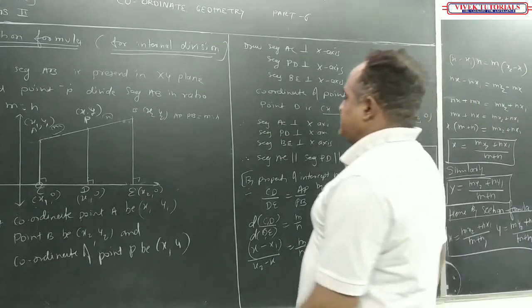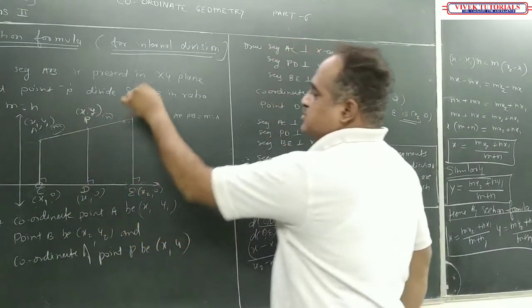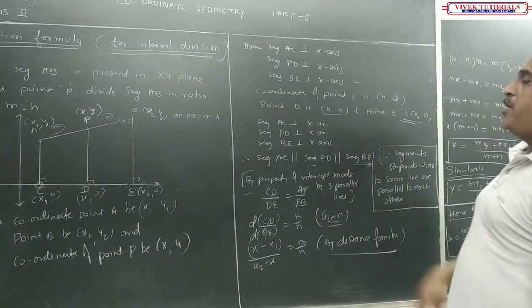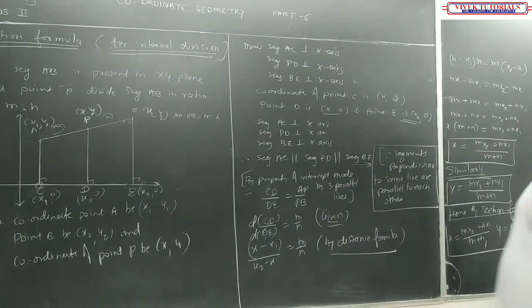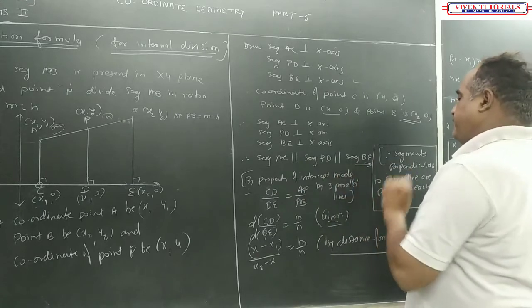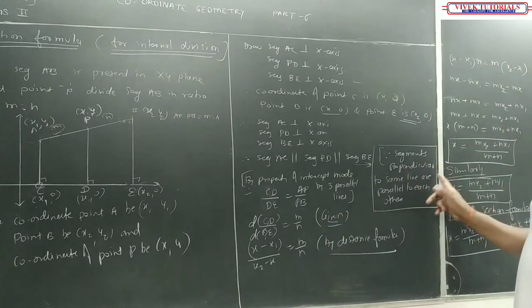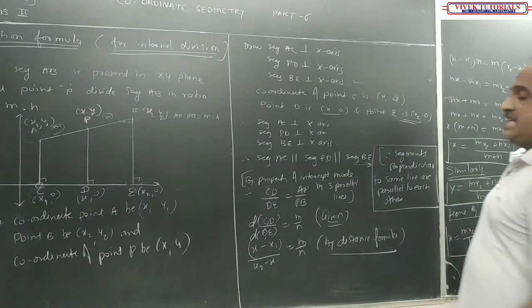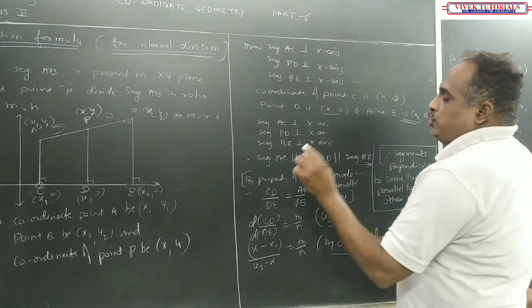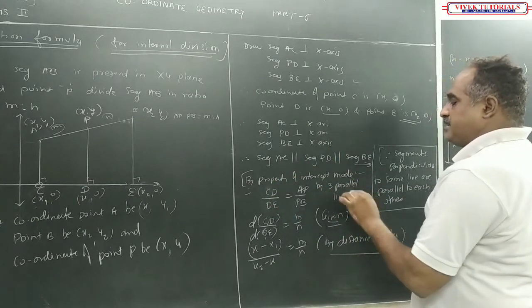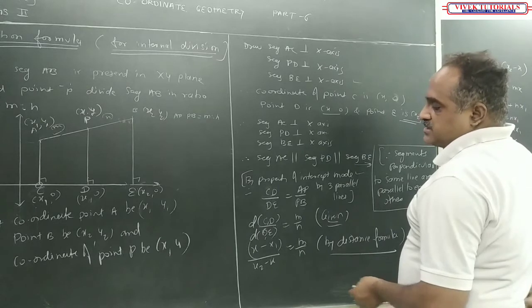As AC, PD and BE are all perpendicular to x-axis, therefore these three lines will be parallel. The segments of the same line are parallel to each other.